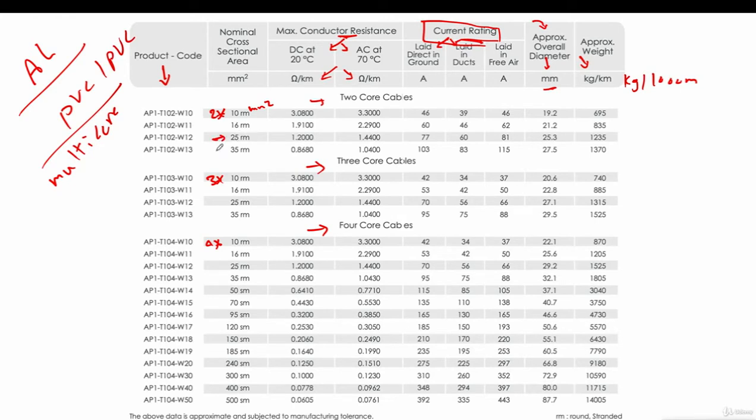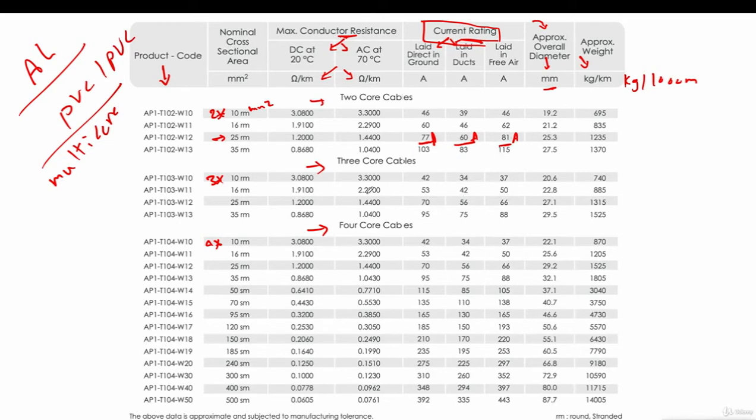Let's take a look at the two cores, 25 square millimeters cable. If you lay this cable direct in ground, it can load up to 77 ampere, and if this cable is laid in duct, it can load up to 60 ampere, and if laid in free air, it can load up to 81 ampere.